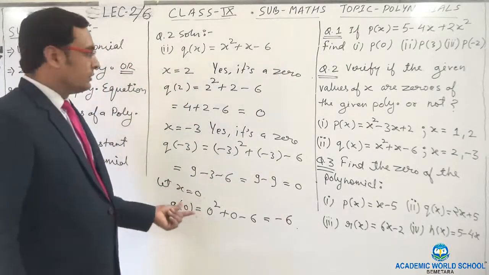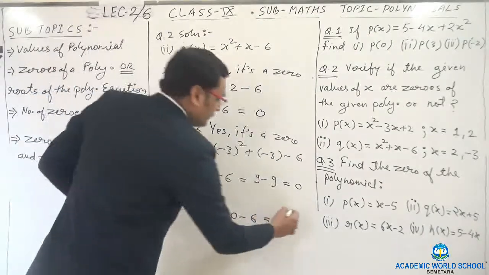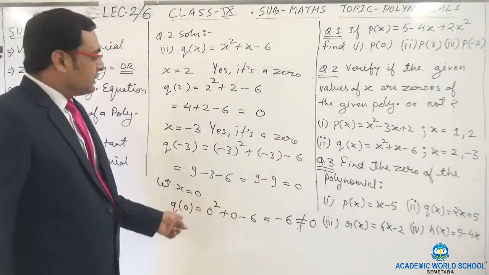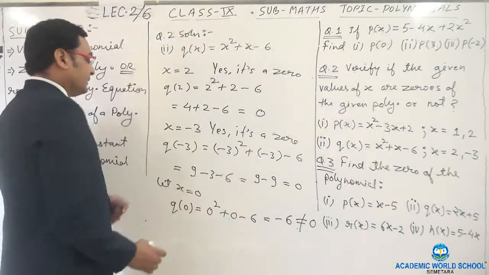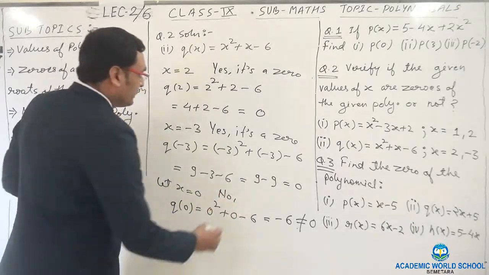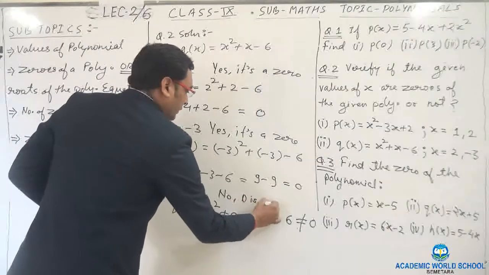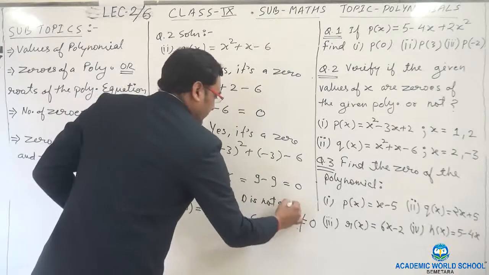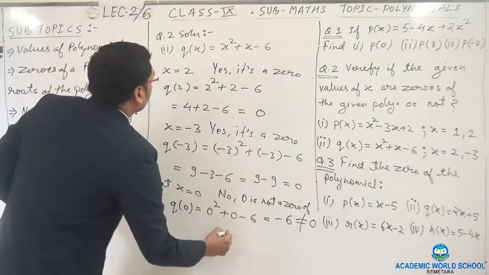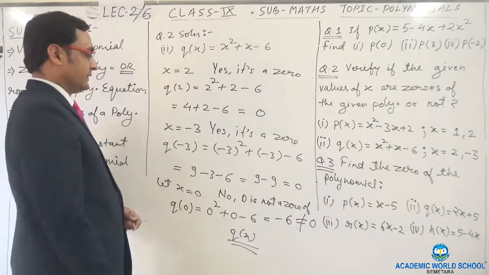For x is equal to 0, the value of this polynomial is not equal to 0. You will write which is not equal to 0. As the value of this polynomial is not equal to 0, so x is equal to 0 is not a zero of this polynomial. We will write no, 0 is not a zero of q(x), this polynomial q(x).